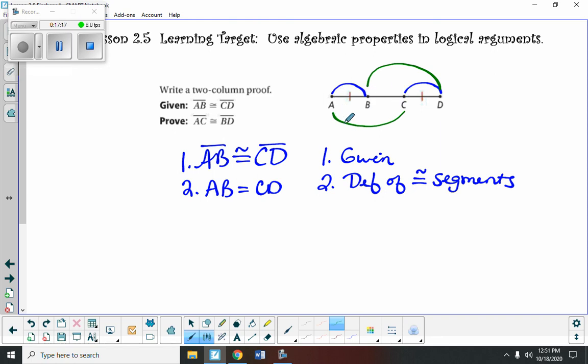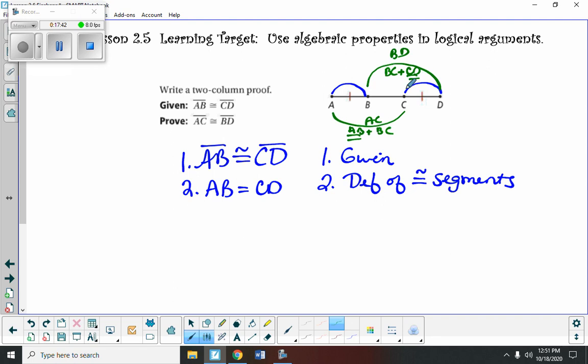That would be AC. BD would be BC plus CD. All right, so notice there, we know that AB and CD are equal.